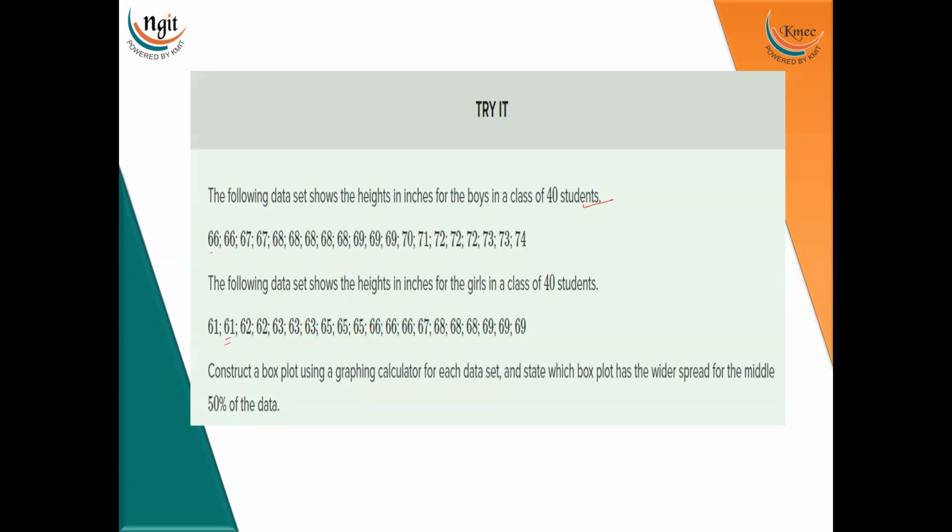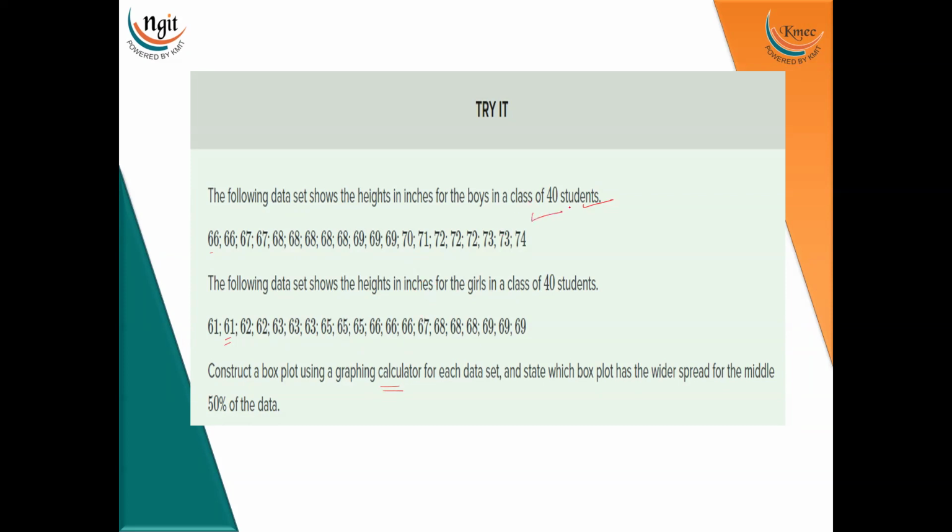So the question here is, construct a box plot using a graphical calculator. No need of the graphical calculator. You can simply, as I explained in the previous example, try to find Q1, Q2, Q3, or else the 25th, 50th, 75th percentile, IQR, then the outliers of this given data set, and then draw the two box plots.